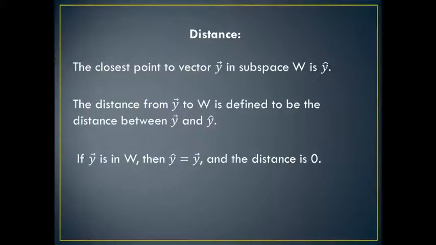If y is in W, then y hat will equal y, and the distance will be 0. So that makes a lot of sense, because if y is actually in the subspace, then the distance between the vector and the subspace should be 0. So we're going to use this to find some distance.